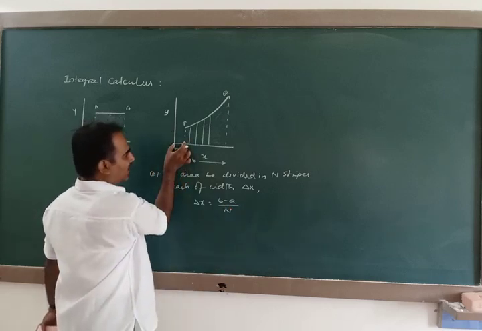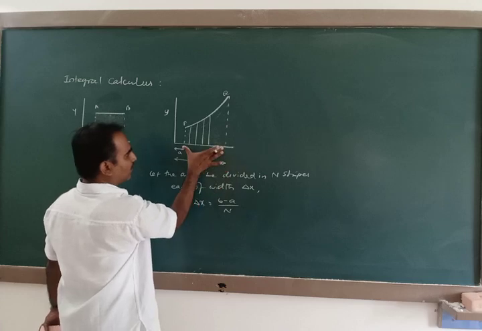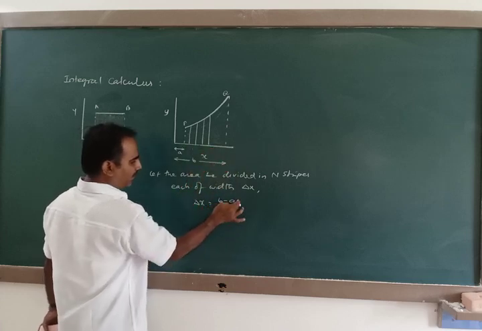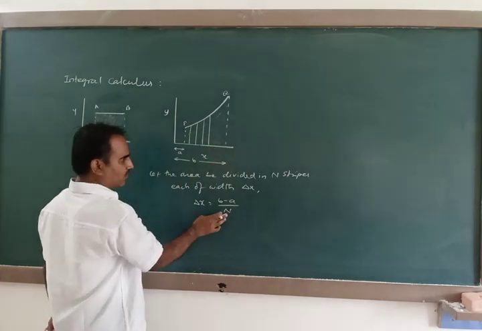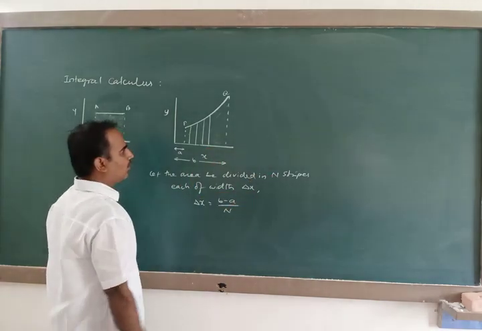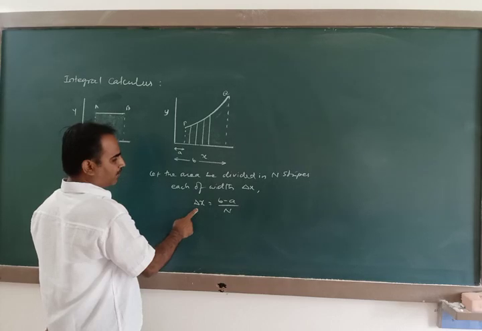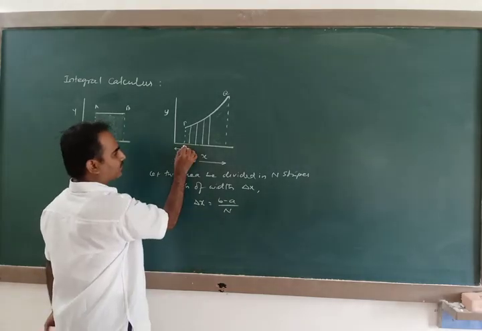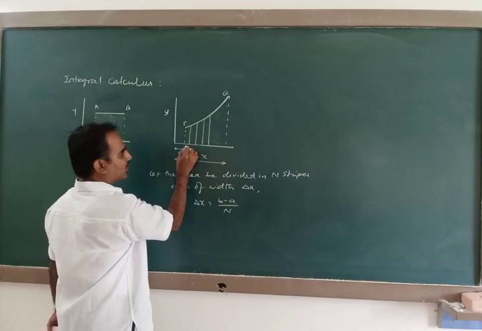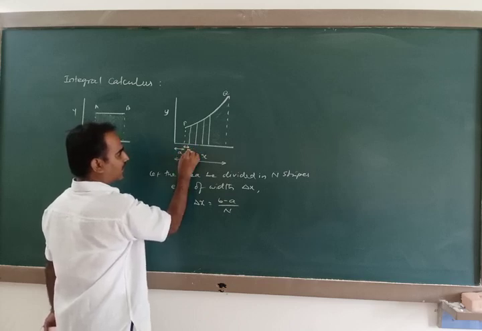Here this is a, this is b, so this total length will become b minus a. In this length b minus a, there are n number of strips, so therefore the width of each strip will become delta x, which is equal to (b minus a) by n. So this is delta x. Each strip is delta x, like this.